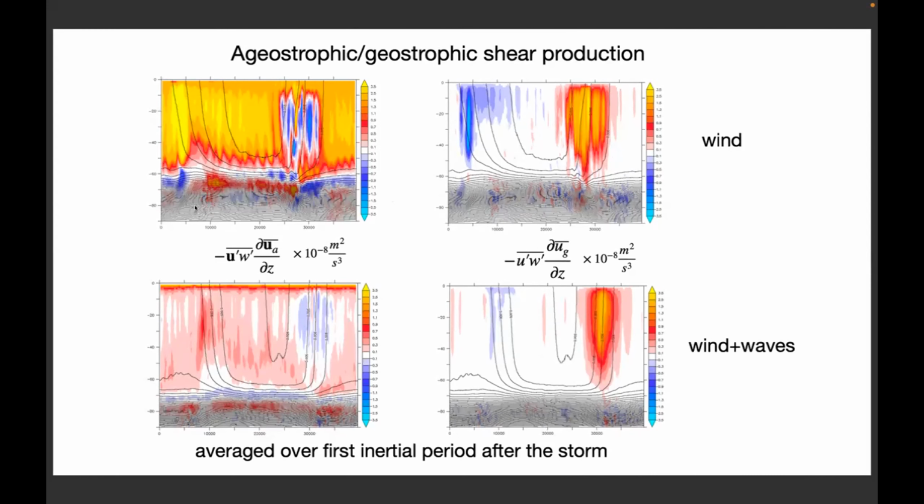We have what we expect at the bottom of the mixed layer: some TKE production because of the inertial oscillations, but very strong here in the interior. And the reason is that this is still very well stratified.